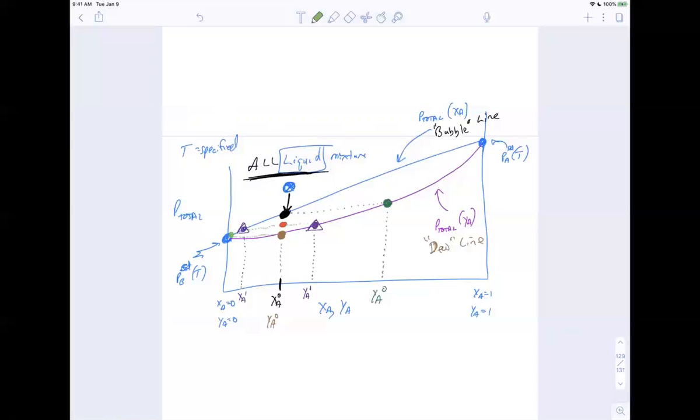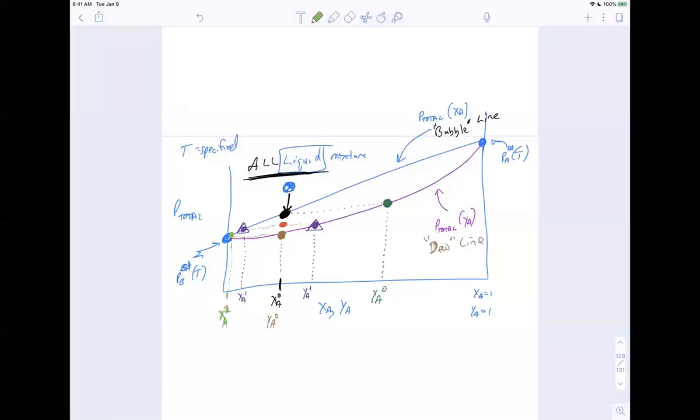It's not pure B, it's not zero, that's just the way it turned out. So you have some non-zero composition. And so at this point, you will have the composition x sub a 2. And that's going to correspond to your final composition when you've turned all of the liquid to all of the vapor.